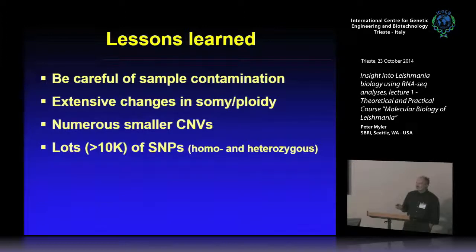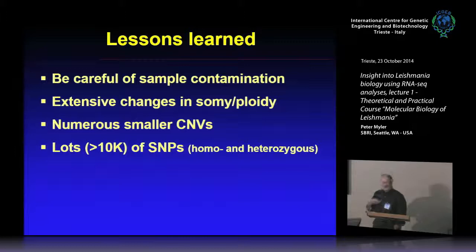And then there are lots of SNPs. The problem with SNPs is that there are usually tens or hundreds of thousands of them when you compare any genomes. Sorting out which ones might be important is a real task, because clearly you can't do experiments on hundreds of thousands or even tens of thousands of different SNPs. So you have to prioritize which ones to look at.